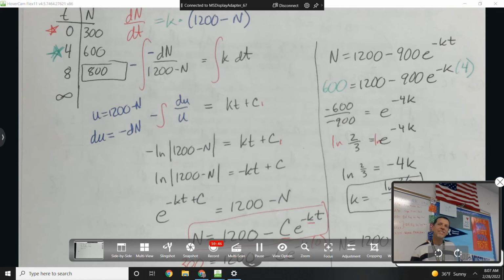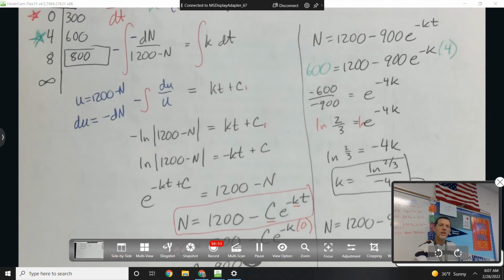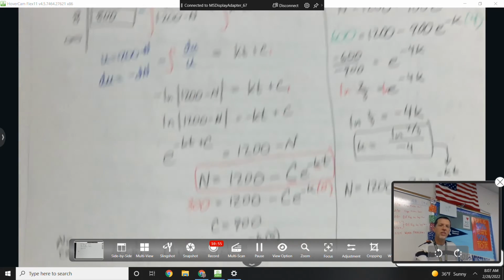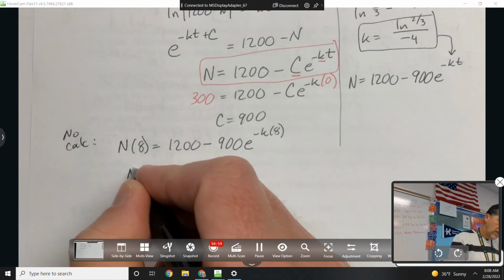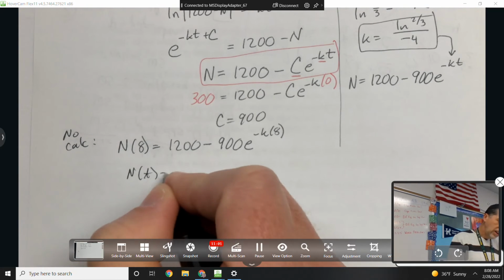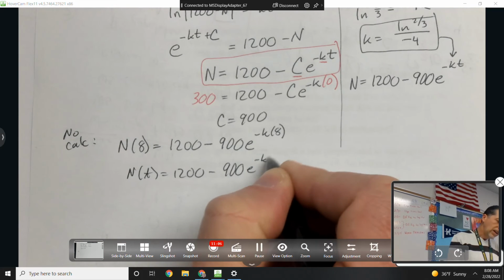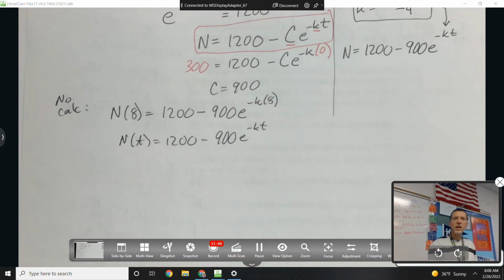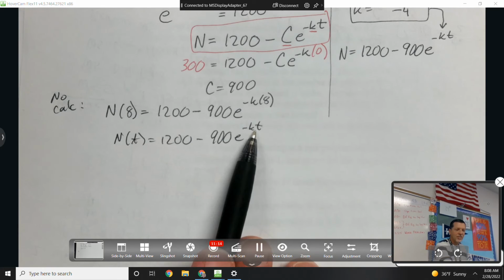Go ahead. The infinite one. Is it infinite bears? Well, let's look at our formula here. N of t equals 1200 minus 900 e to the negative kt. Basically, e to the negative gazillion.